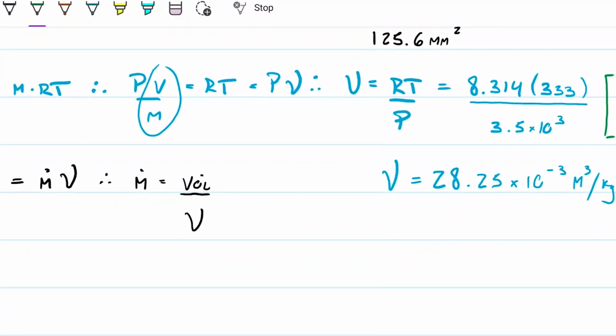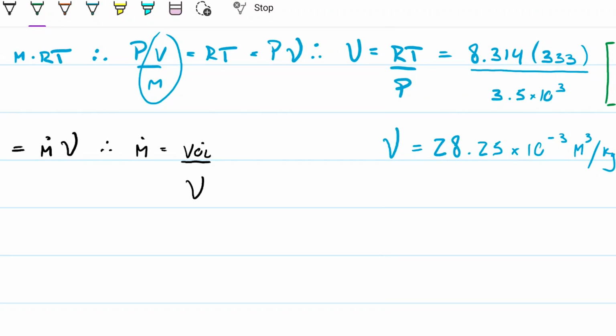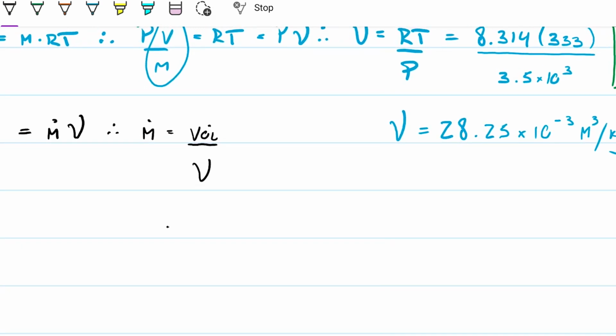All right, what else? What are we after? We're after the mass flow rate. We got the specific volume. So this is the volumetric flow rate that we happen to know is 4.52, and we have the specific volume, which we happen to know is 28.25 times 10 to the minus 3.